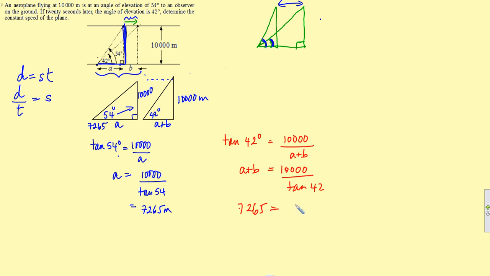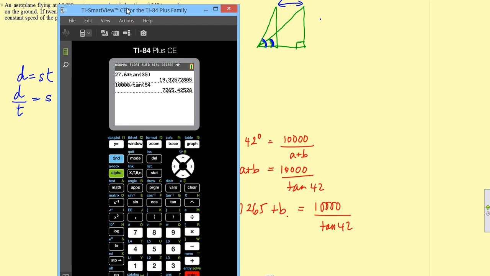Then we have 7,265 plus B is equal to 10,000 over the tangent of 42. So I'm now going to calculate using my GDC. I'm just going to move this over so we can see.